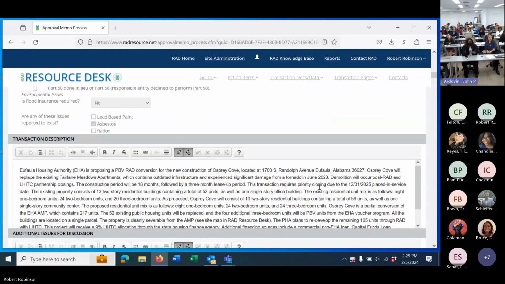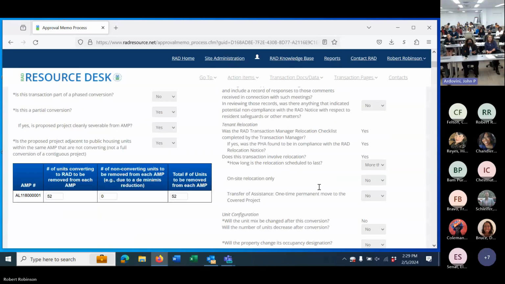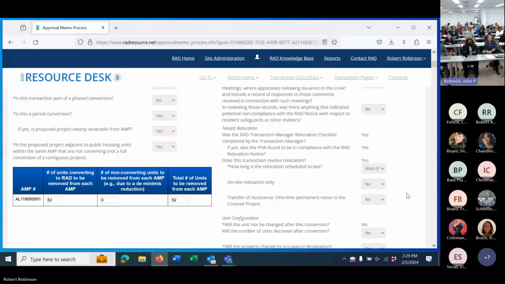Just move a bit to the right-hand side of the top there, Robert. We have sections also that flow into this form from other sections of the resource desk. We address also here the question about, is it new construction? And then you come to a section that speaks to relocation and tenant meetings.